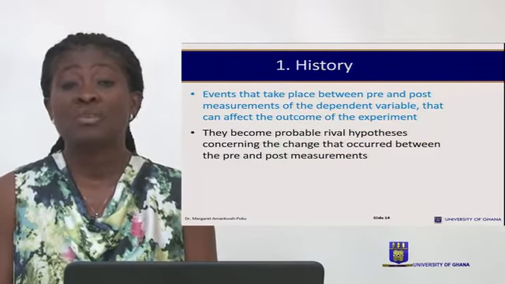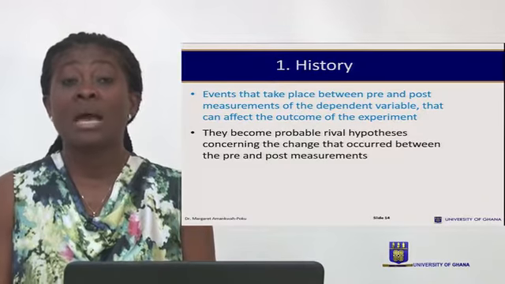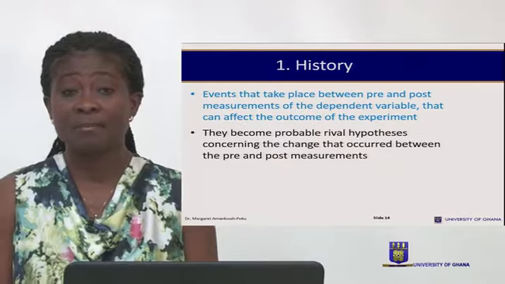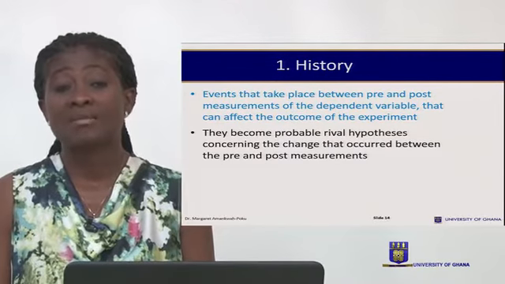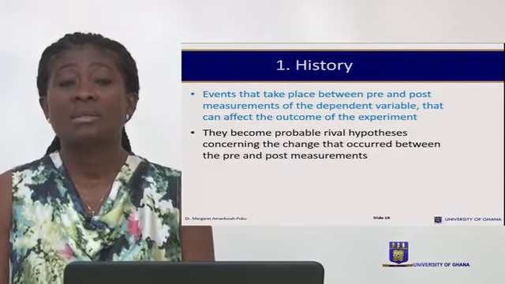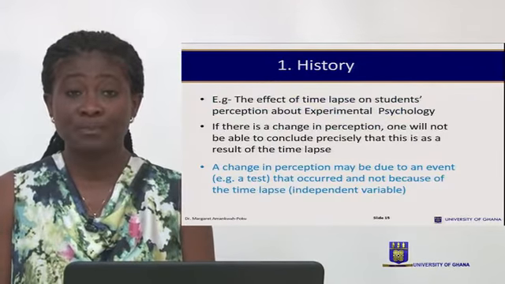So you can have history setting in as an extraneous variable, as I explained with the one group pre-test, post-test design. History can act as a rival hypothesis that can change the post-test measurement.